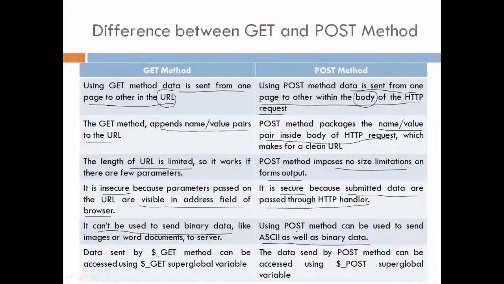And the last difference is that data sent by the get method can be accessed using the $_GET superglobal variable, while data sent through the post method can be accessed with the $_POST superglobal variable. So these are the differences between the get method and the post method.